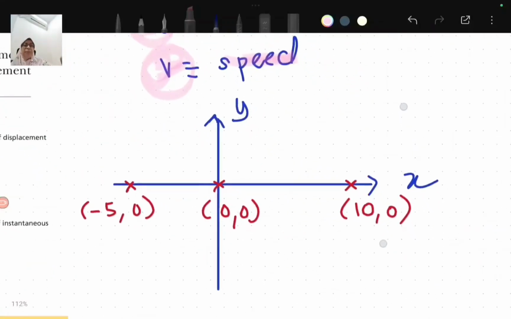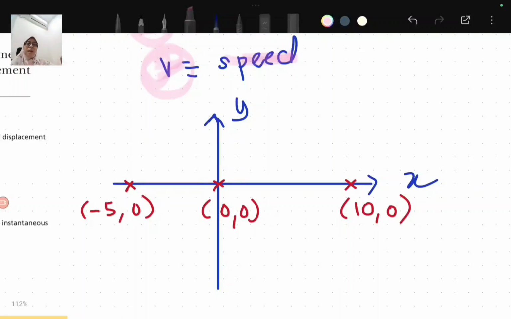Okay, I give you an example over here to differentiate between distance versus displacement. In the case of distance, let's say that you start off here, and then you move to the right 10 meters, and then you turn and go to -5 meters. I'm going to add the units so that it doesn't bother you.